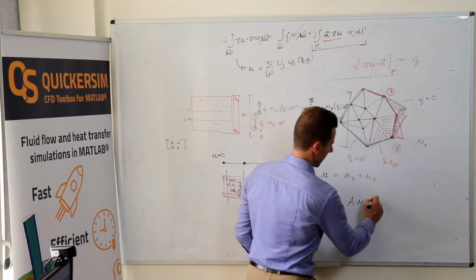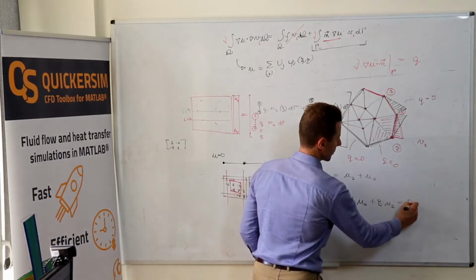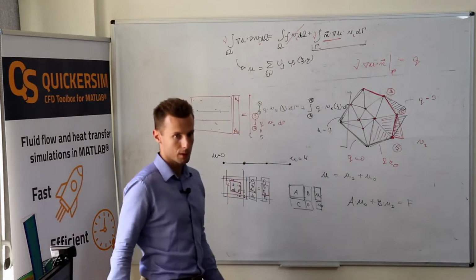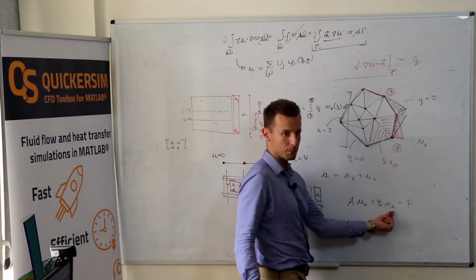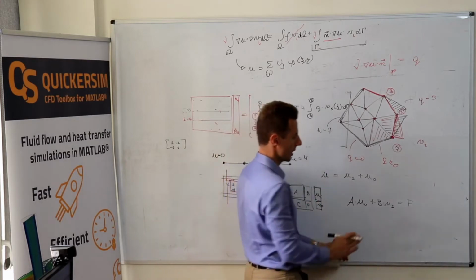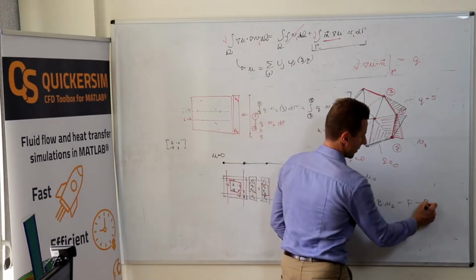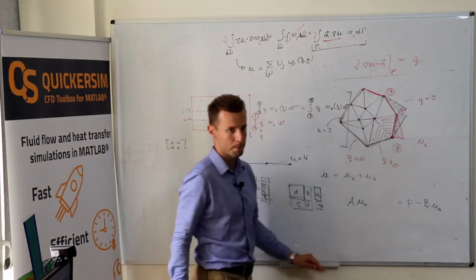But then you've got plus B times UD equals your original F. Because you have assembled the full rank matrix, what you do in the classical formulation is that.